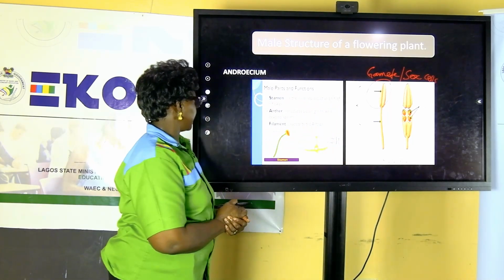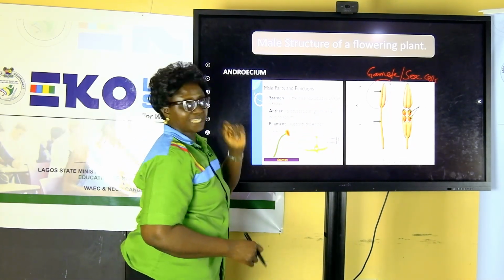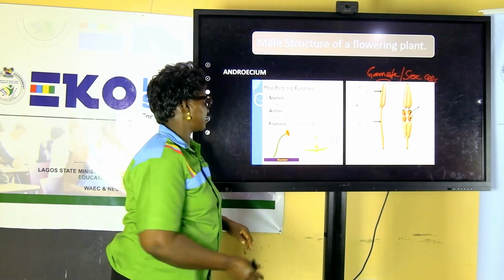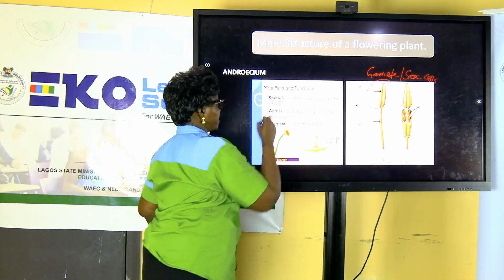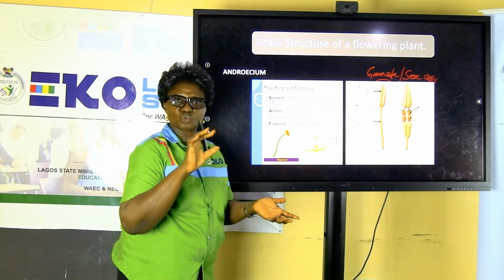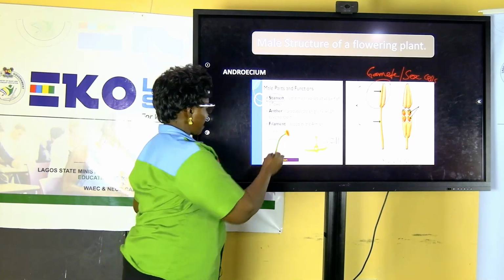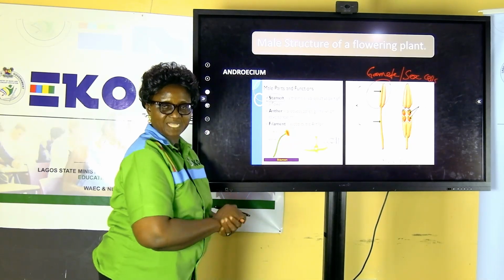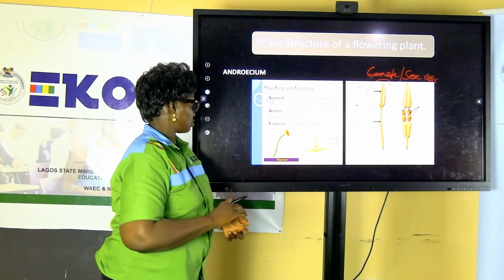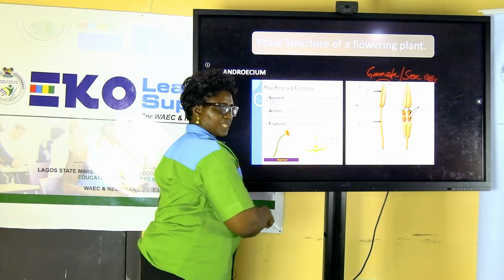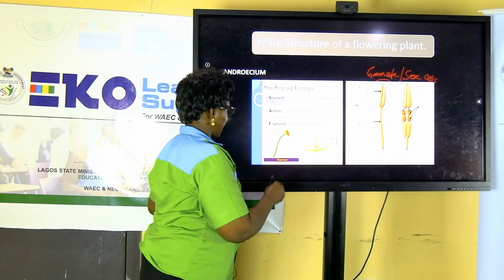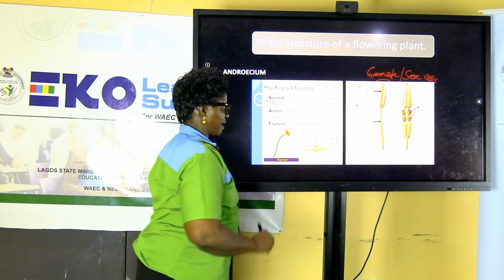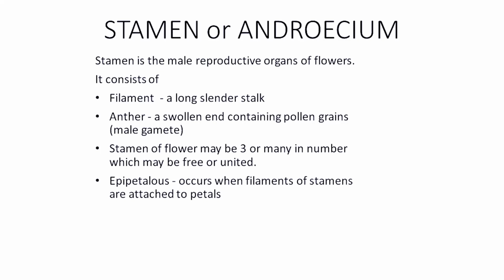So we said the androecium is commonly referred to as what? The stamen. And it has two major parts. We have the anther, which is the uppermost part of that structure, and it has an elongated or slender part, which is called the filament. That is the same thing that we have on this same structure.